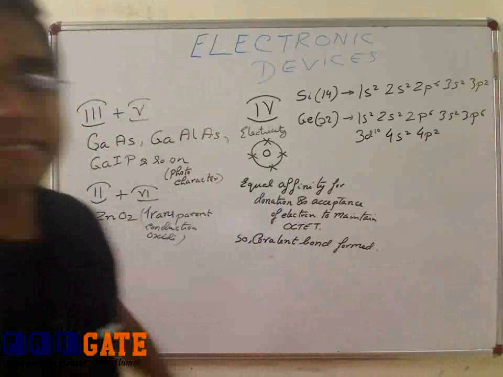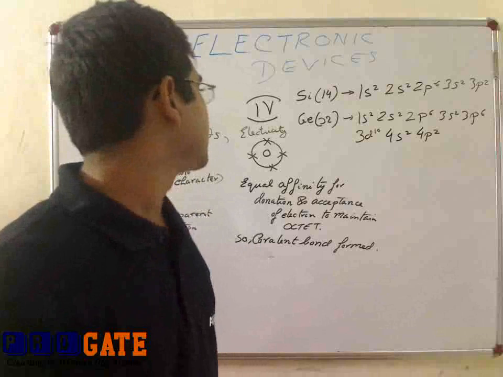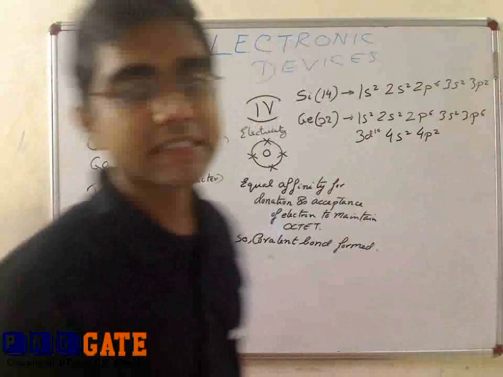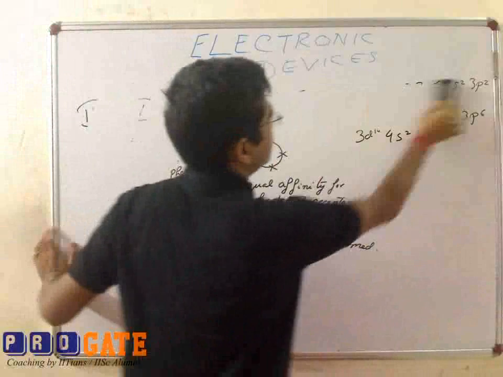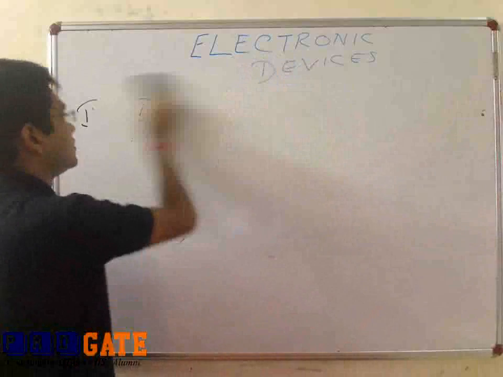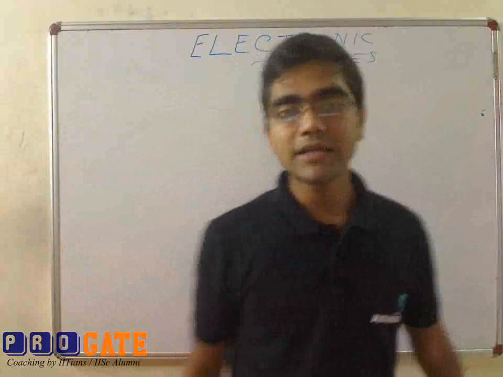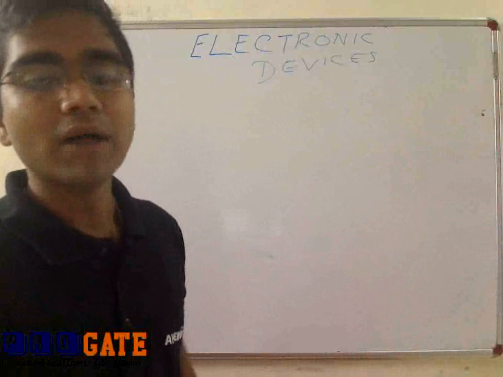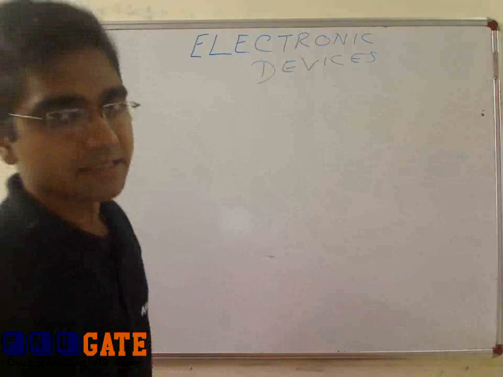Now coming back to the basic atomic structure of silicon. The basic atomic structure of silicon or germanium has 4 electrons in its valence orbit. Hence, one silicon combines with another silicon to obtain octet and stability.